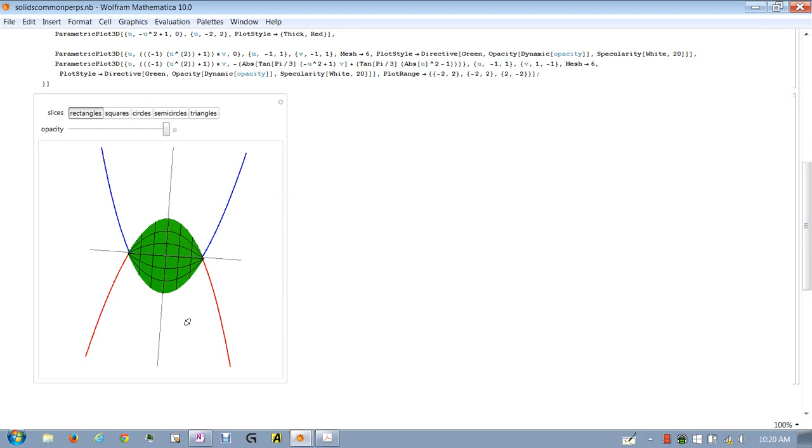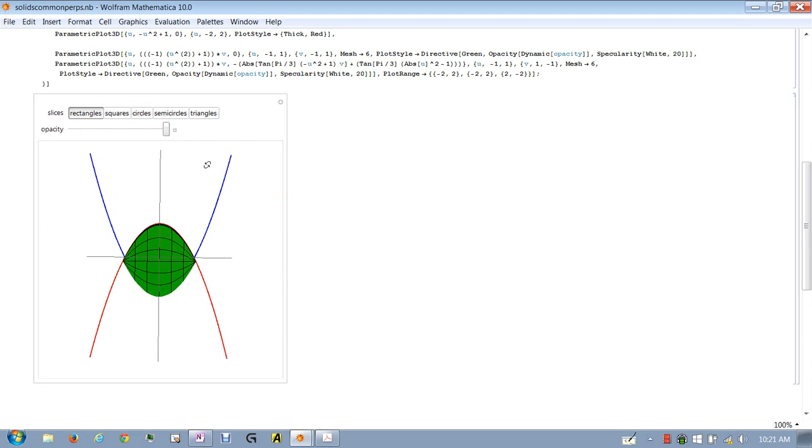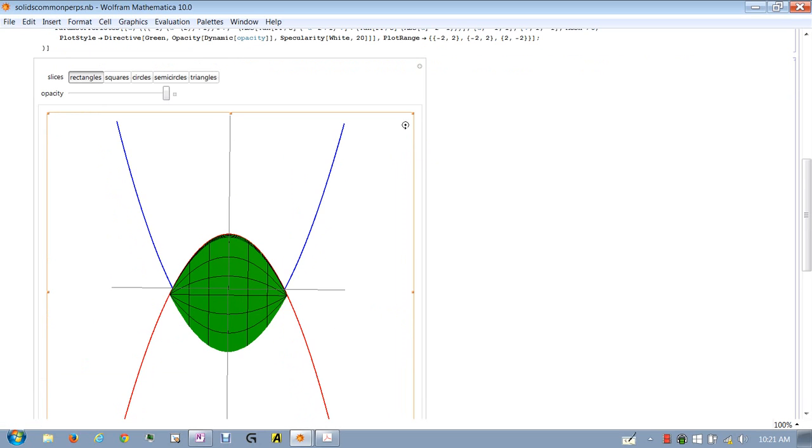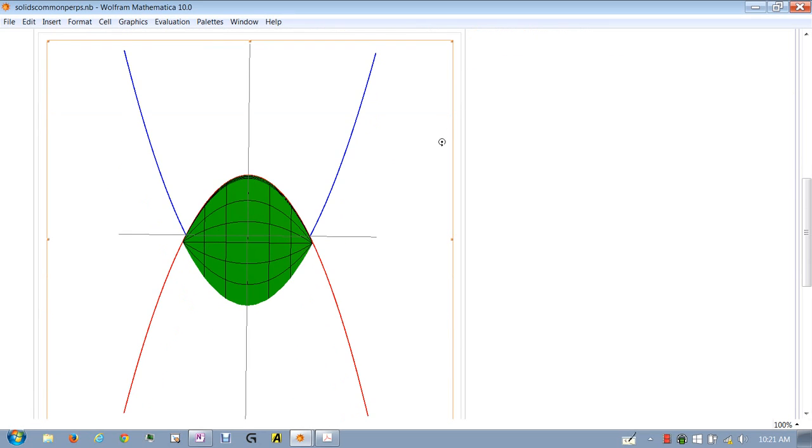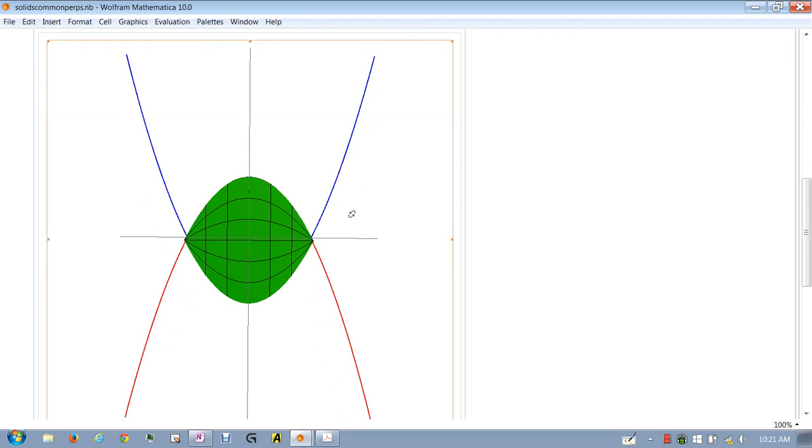I wish I could take that out of there. All right. It's hard to get that green thing out of there, but okay. Let's take a look at this.